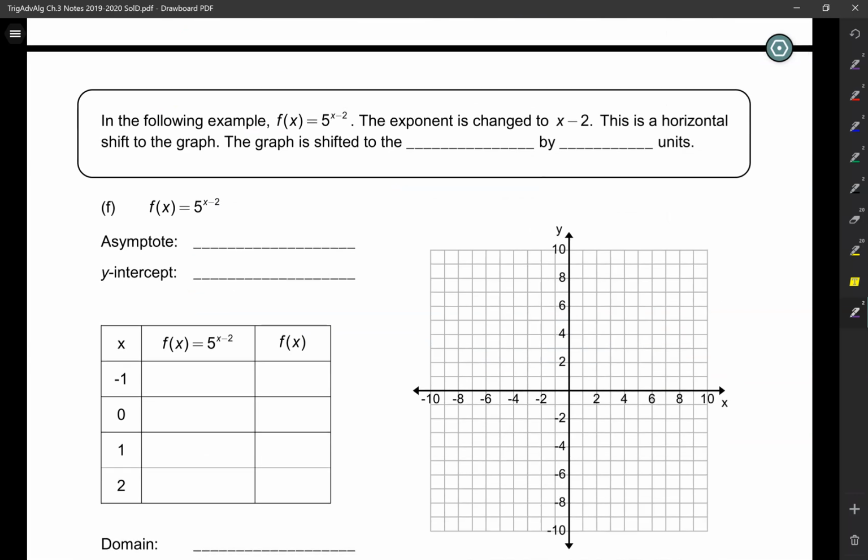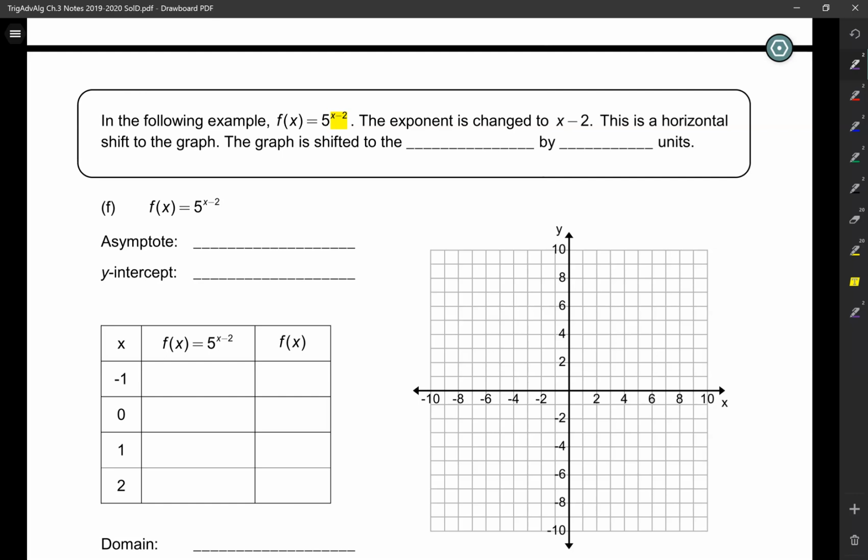In this example, I have f of x equal to 5 to the power of x minus 2, right? The exponent has been changed. So there is an addition or a subtraction from the exponent, right? Because the minus 2 is made to the x, this is a horizontal shift in the graph, right?